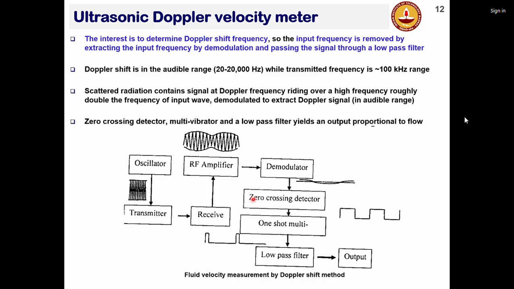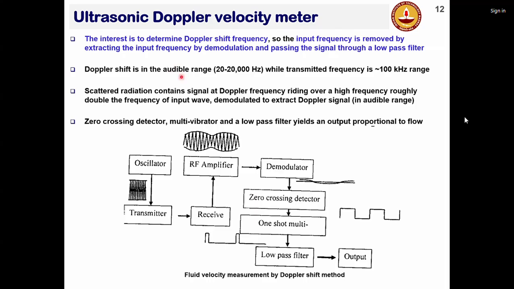That means with a low pass filter, all the high end signals are removed. So demodulation segregates the frequencies, and the low pass filter truncates the higher frequencies and only preserves the lower frequencies, which are the Doppler shift frequencies.